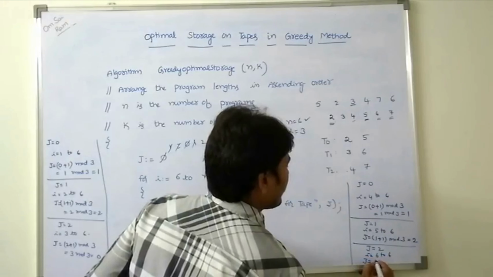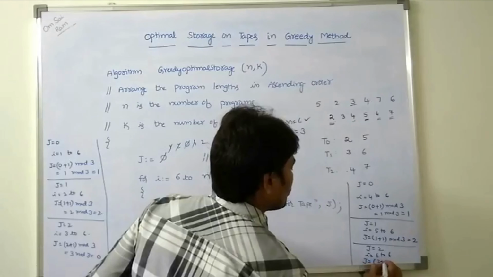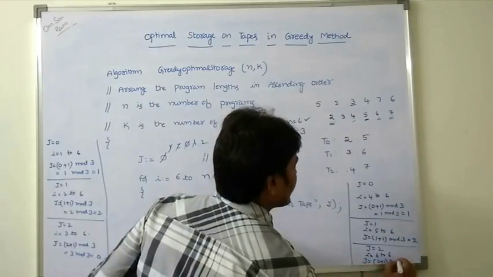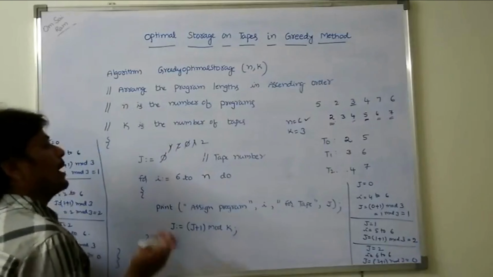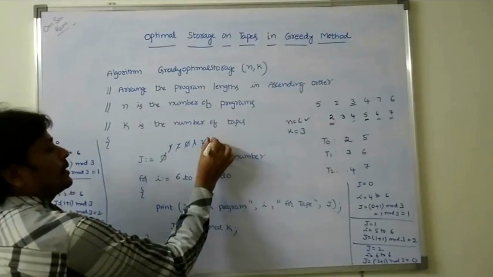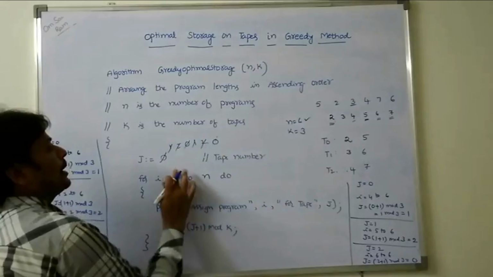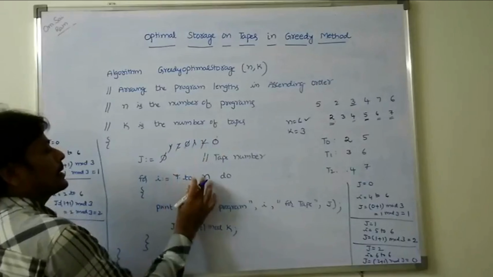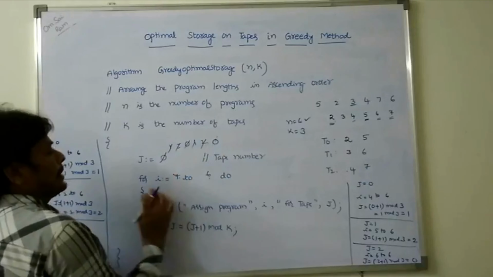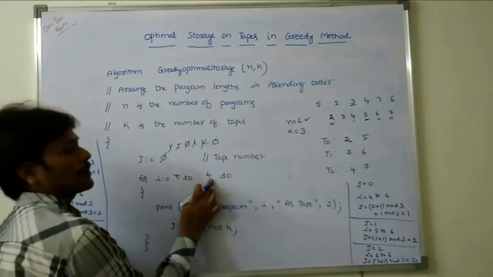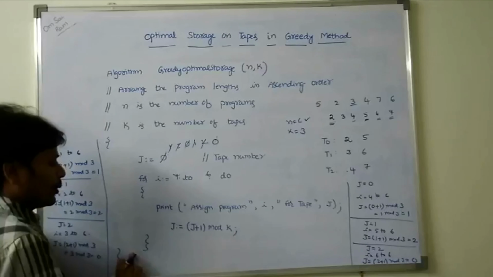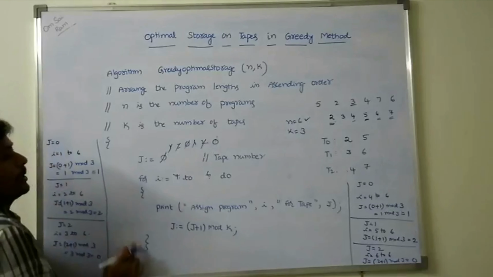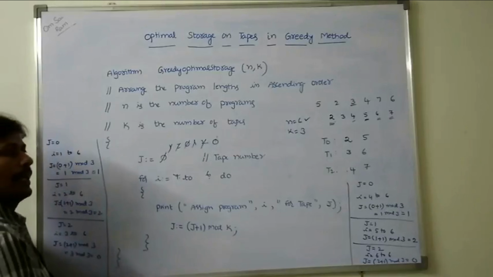Next, j is equal to j plus 1, that is 2 plus 1 mod 3, so 3 mod 3 is equal to 0. Next, j value is 0, and i value is incremented, that is 7 to 6. i is equal to 7 to 6. It is false, then the program control goes out of the loop. So then the program is terminated.